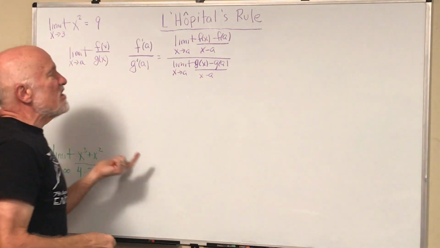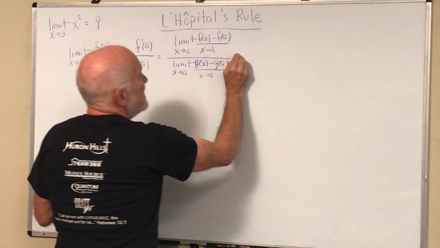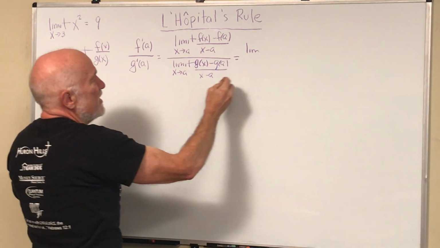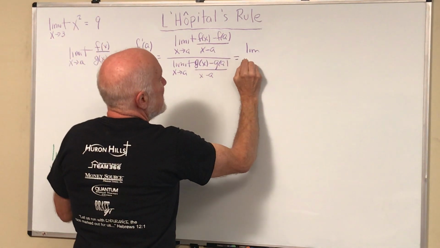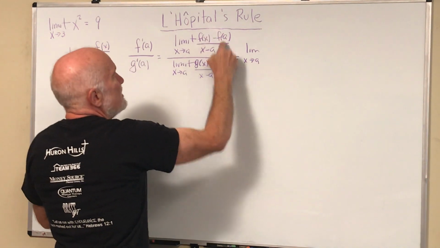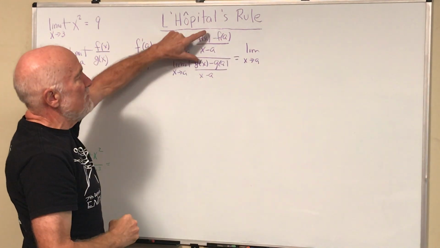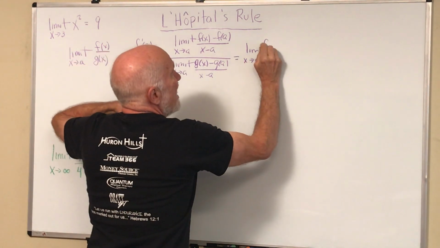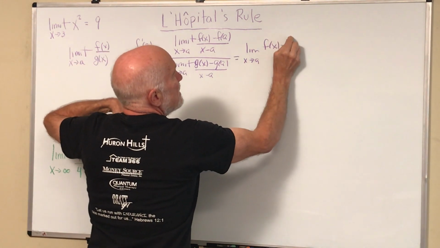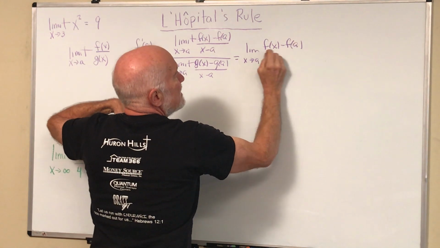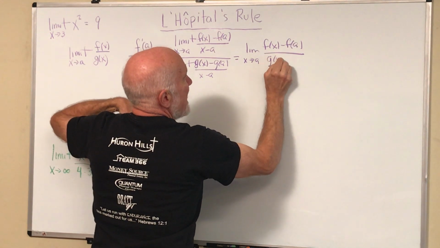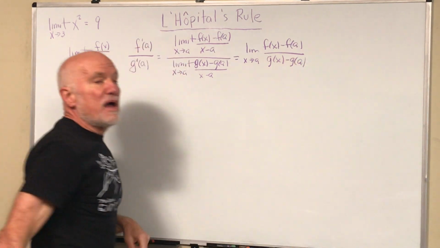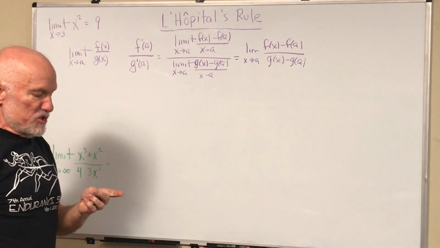And since limits are our friends, we can say the limit of this function divided by the limit of this function is the limit of this function divided by this function. And when you divide this function by this function, the x minus a's cancel out, and you get that. And that's as far as you can go, but right now we're going to make an assumption.